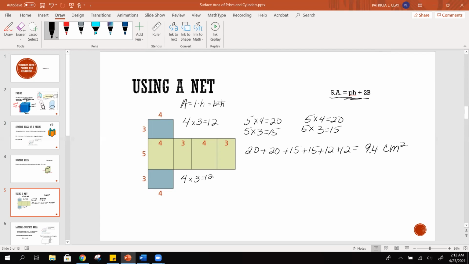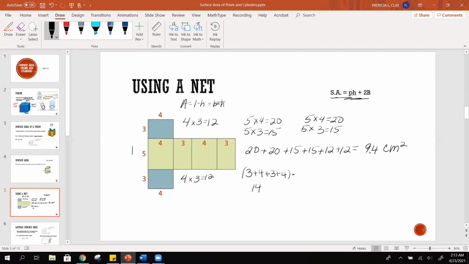It said P stands for the perimeter. Our perimeter of our base is 3 plus 4 plus 3 plus 4, which all equals 14. So I'm going to put that down, and it said times the height.